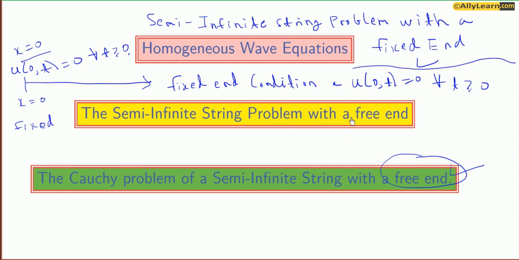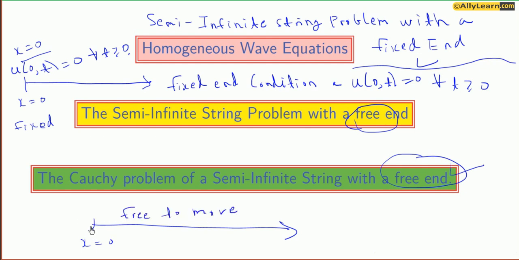Now in today's video lecture we have a free end. What will happen in this semi-infinite string problem with a free end is that one end, say x equal to 0, will be free to move. What we mean by free to move is that we will have displacement at this end.